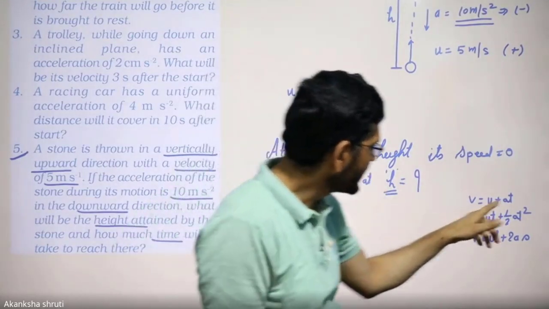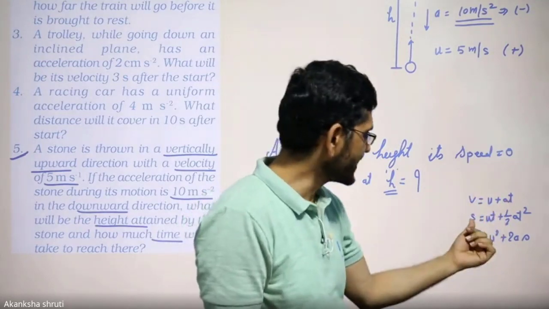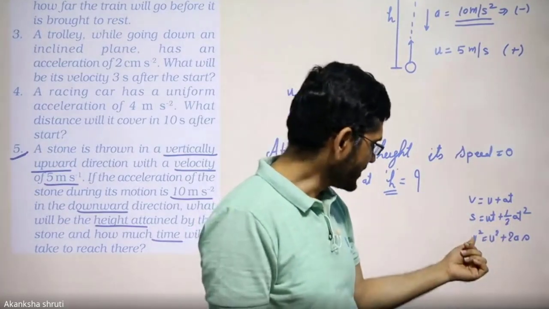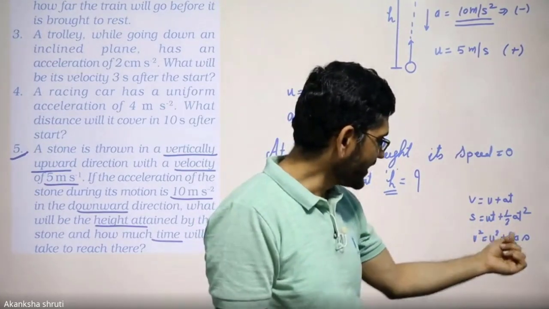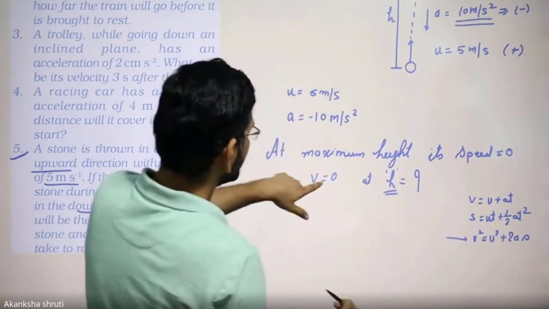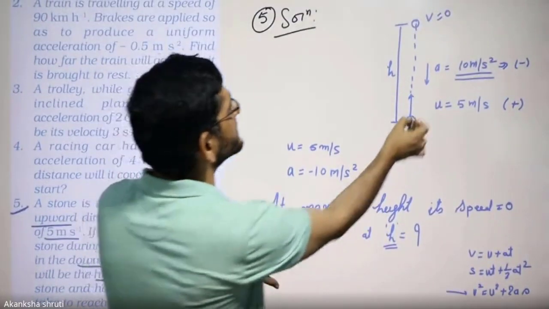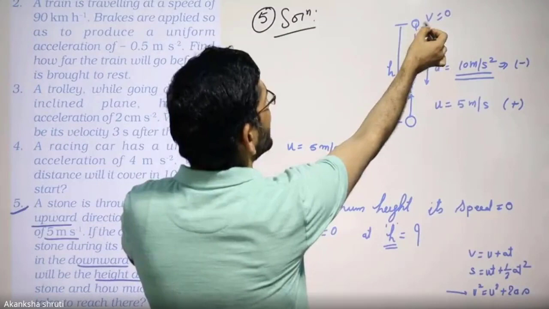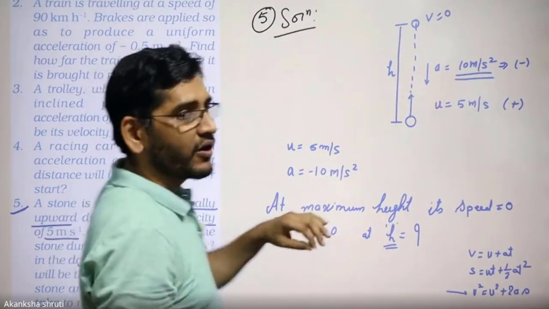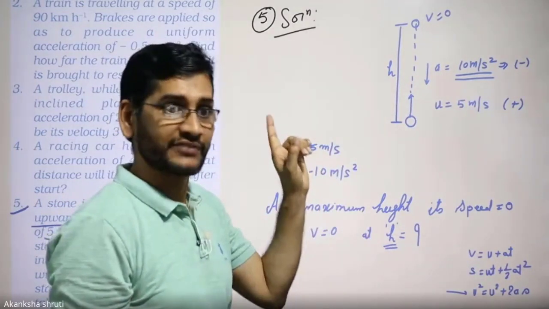So observe here, in the first, t is required but t is not given, so not useful. Second also the t is required but t is not given, so not useful. Coming to the third, u, v, a and s. In this third formula we are getting that v is given. How is it given? Indirectly, that during the vertical upward motion at the maximum height attained, the velocity becomes 0, or the velocity becomes 0 at the top of the journey of a vertical motion, that we have written.